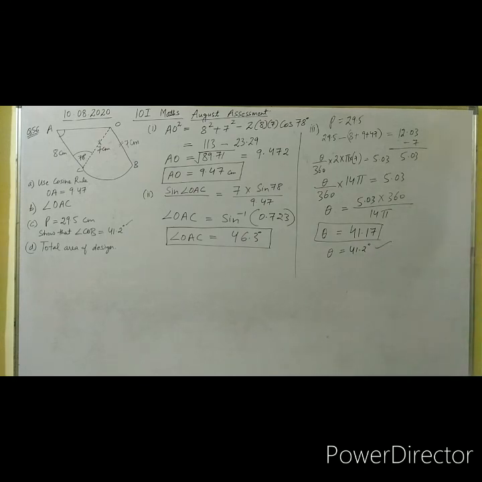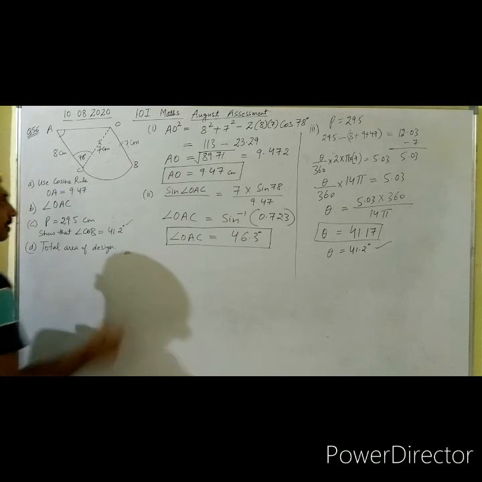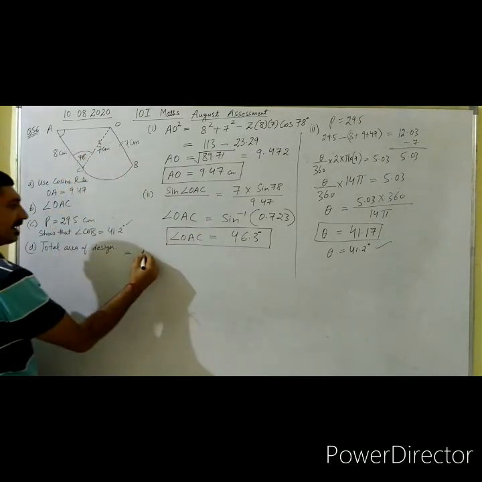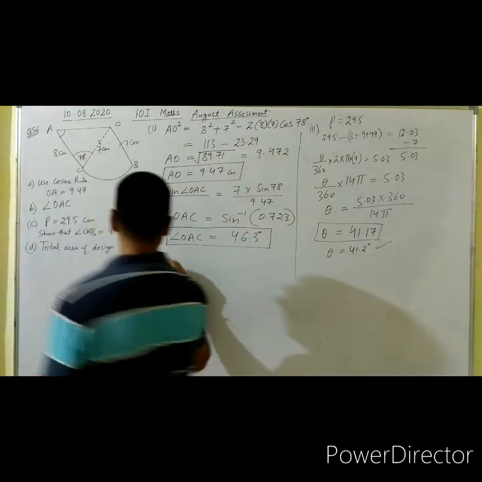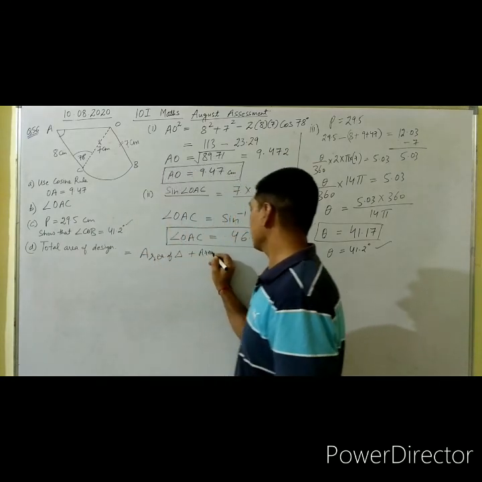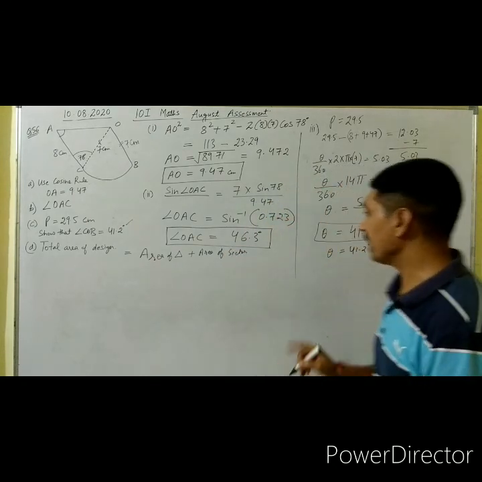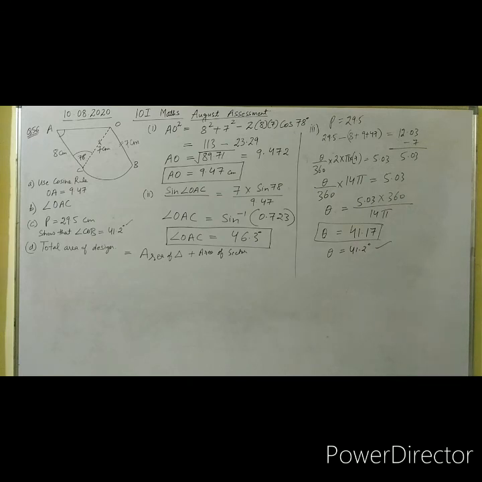And we have the last part, the area of the shaded region, that is the total area of the design. So the total area of the design is the area of the triangle plus the area of this sector, right? The area of a triangle is half into the sides AC into OC, sine of the angle between them.